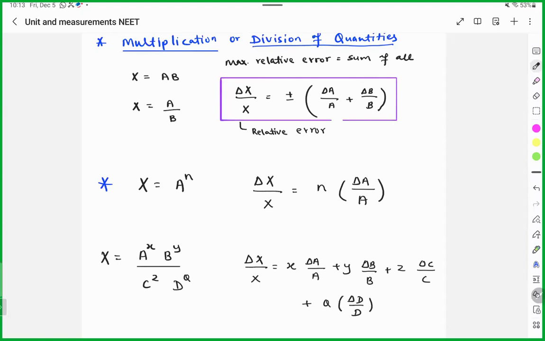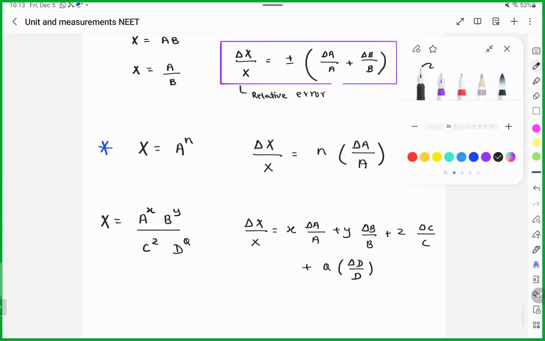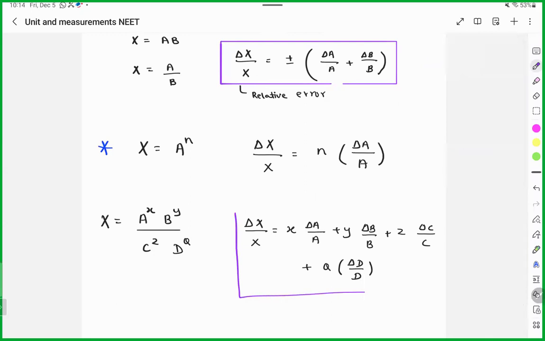Whatever your power is, it will simply be multiplied and then added. Any doubt, guys? No, sir. With this we are done, and now we'll solve questions.